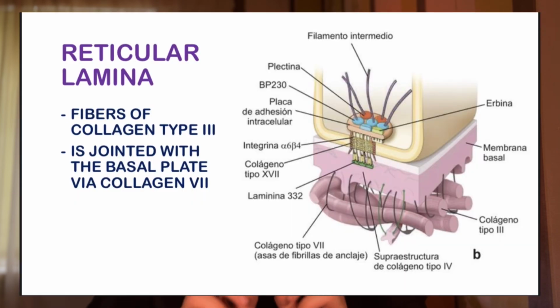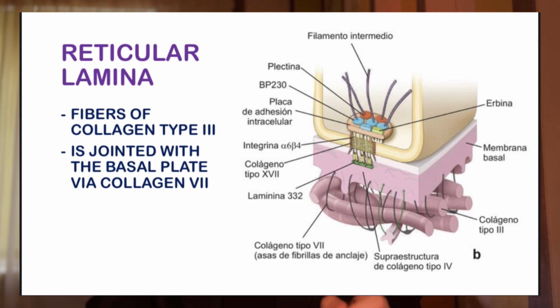Now, this is the beginning of the hardest part of our lesson: proteins. There are enormous numbers of proteins in the basement membrane, but we'll discuss only some of them. The structure-forming protein in the reticular lamina is collagen type 3. It is organized into collagen fibers, and these fibers are joined to the basal lamina through collagen type 7. Yes, we can see it in the picture.